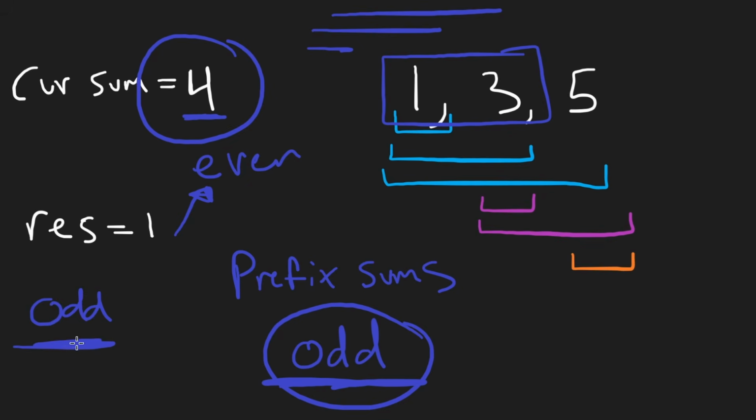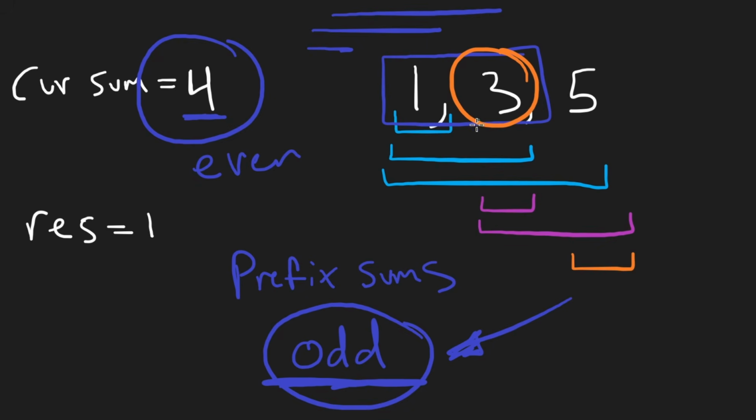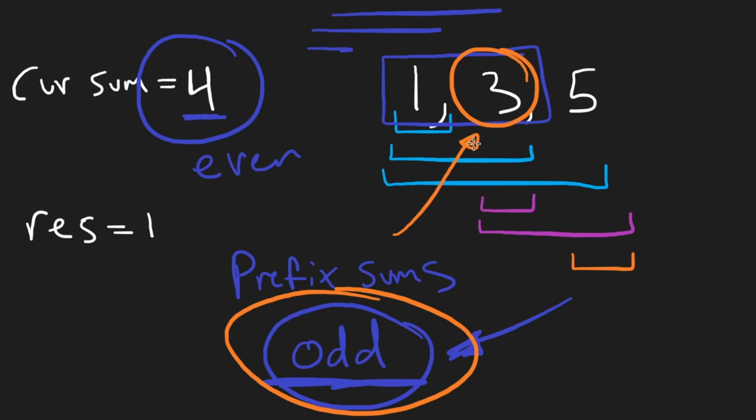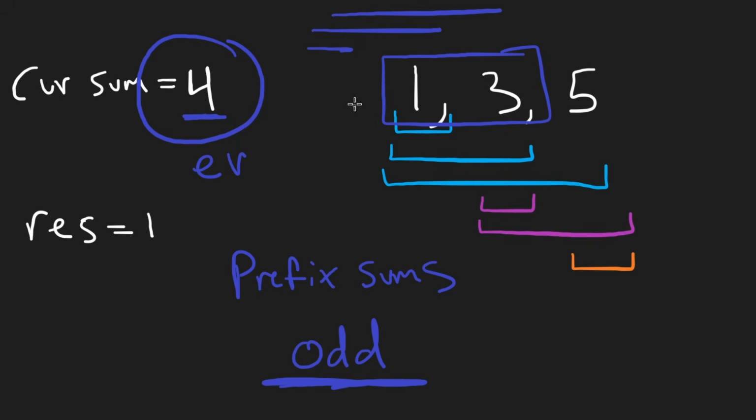And then I can update my result. So the question is now, how many odd prefix sums did we have that did not include this number? If I knew how many we had, then I can instantly calculate how many odd sums are ending at this element. So right now, I know that I had one odd prefix sum.